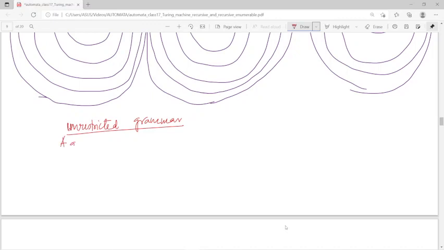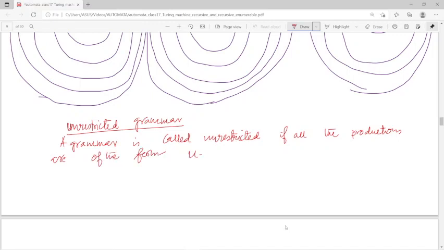You know that a grammar is called unrestricted if all the productions are of the form U to V, where U is in (V union terminal) plus and V is in (V union T) star.